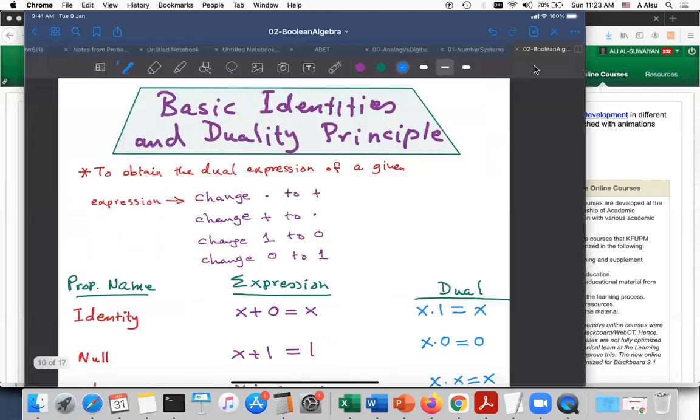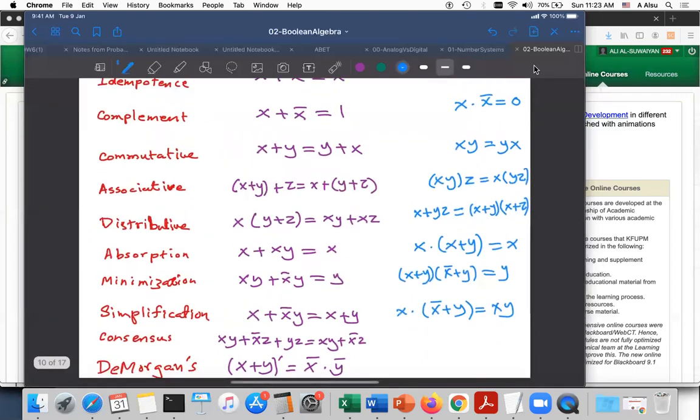Okay. So let's continue. We have also the consensus, which we will prove later, inshallah. But right now, I want you to calculate the dual of that.